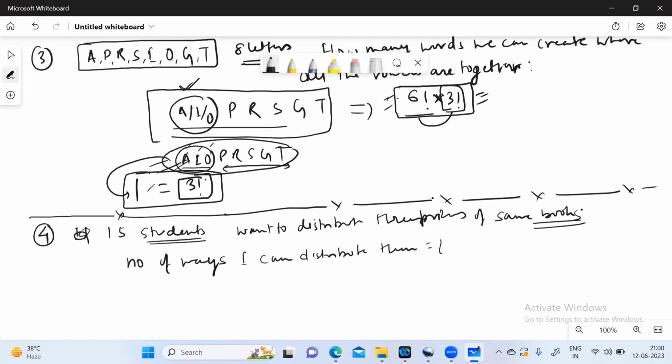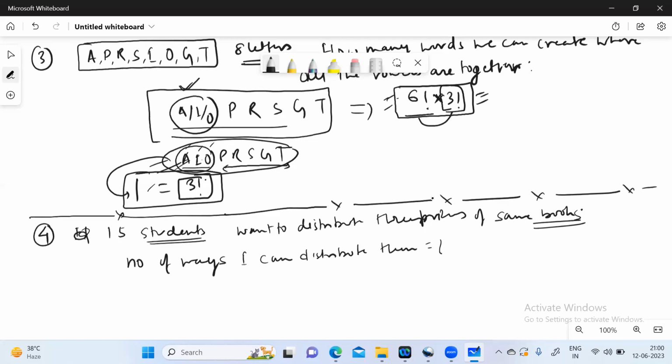So what we are trying to do here is convert all the problems, all the questions, into permutation and combination as long as it is possible. There are some cases where you cannot. But here basically what I want is for you to tell in how many ways groups can be created: how many groups of 3 students can be created out of these 15 students. Are you getting my point?